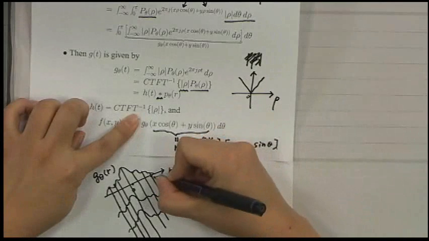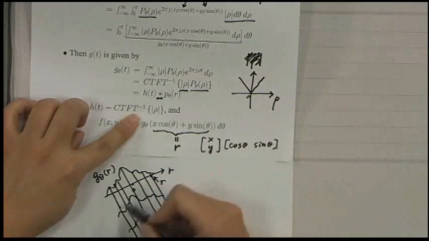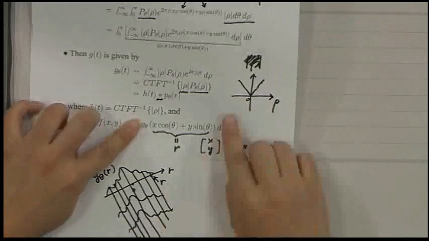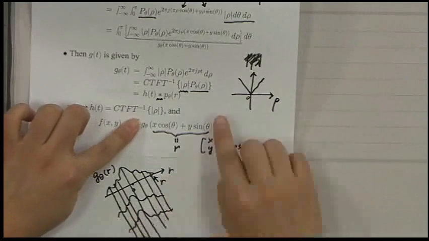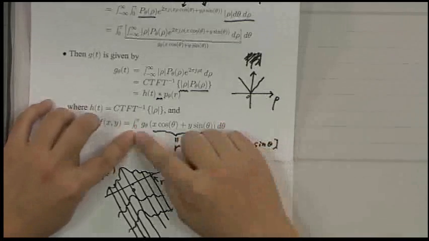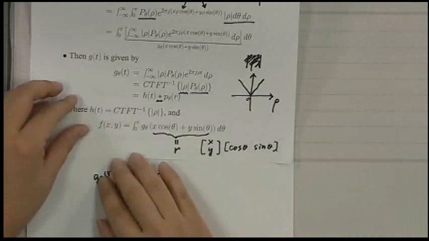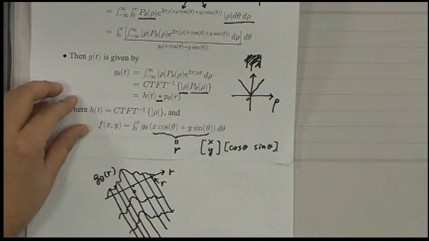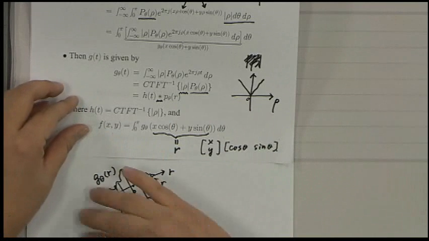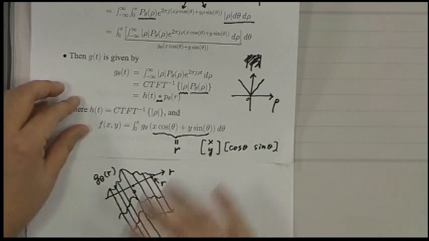Let's say here this is r. Then we can write down the contour like this. And then we take an integral over all of the theta. So basically this operation is just smear out and smear out, sum up, smear out, sum up. So that's the way it works.